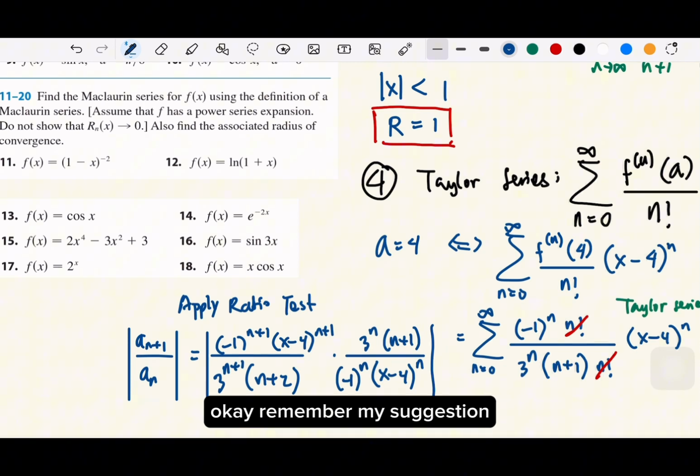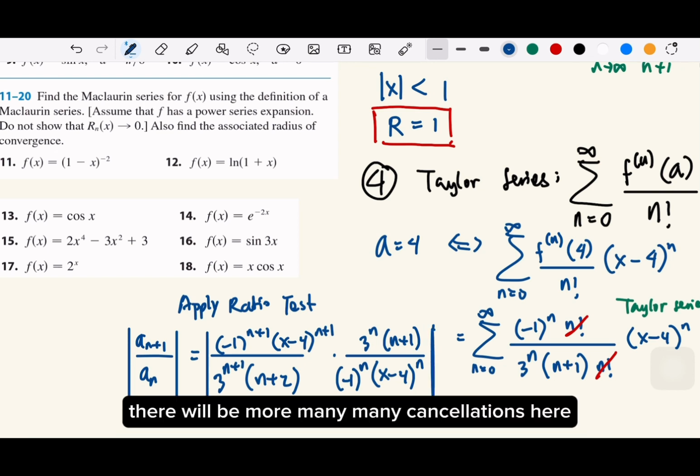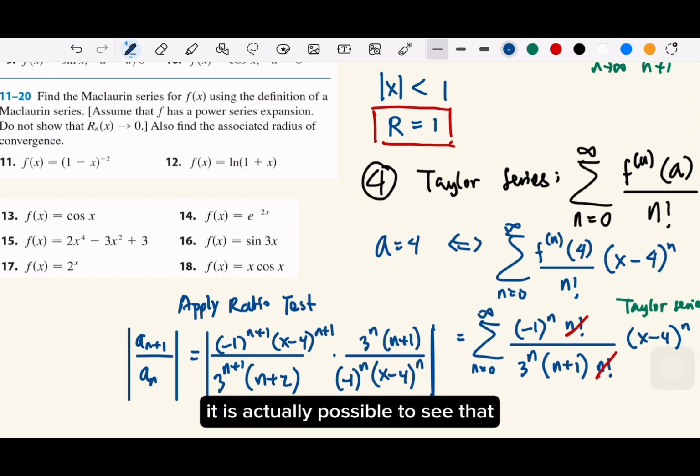Remember my suggestion: when you take the ratio test, there will be many cancellations here. Do not be intimidated by this complexity, because it's actually quite simple. Every time you have this (-1)^(n+1), this is actually (-1)^n multiplied by negative 1.